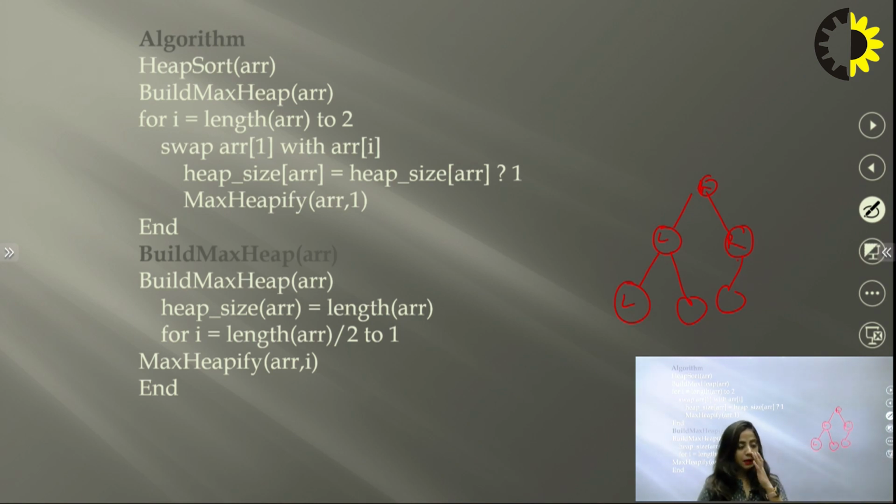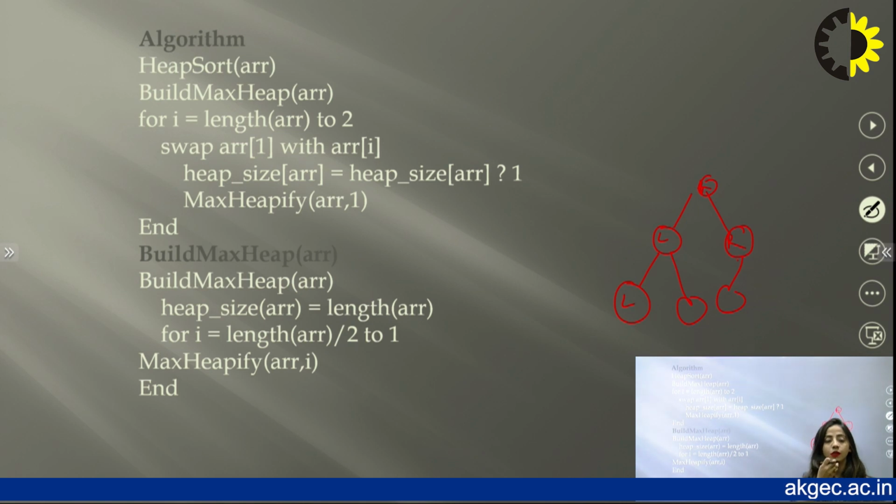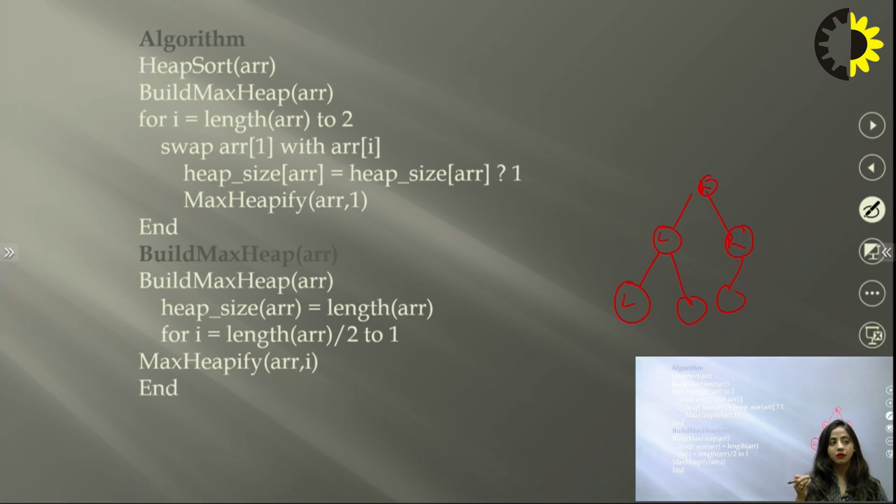Now, what happens in the heap sort algorithm? This is our algorithm. First, you build a max heap, and then for i equals length of array down to 2, swap the element at index 1 with the element at index i.